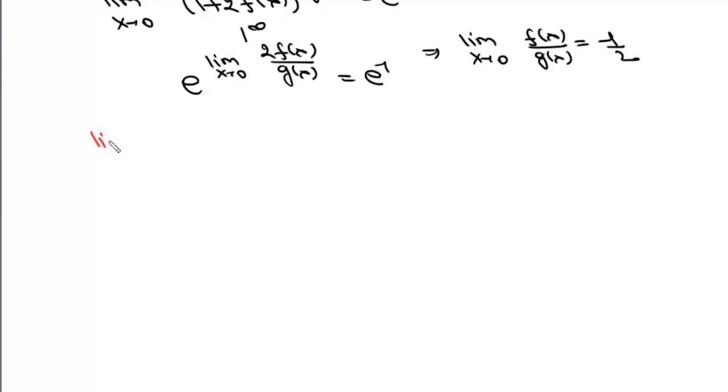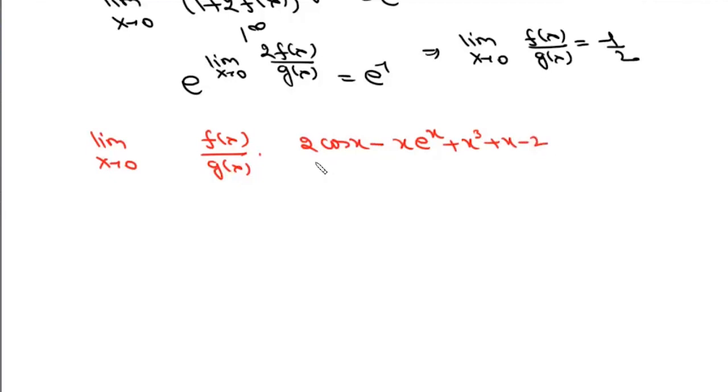Now if we divide them, we can write limit x tends to 0, fx upon gx into 2 cos x minus x into e to the power x plus x cube plus x minus 2 upon sine square x, and will be equal to 8 upon lambda.